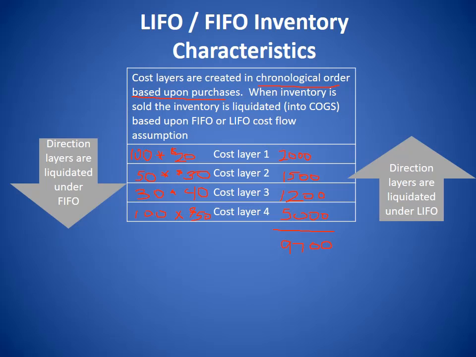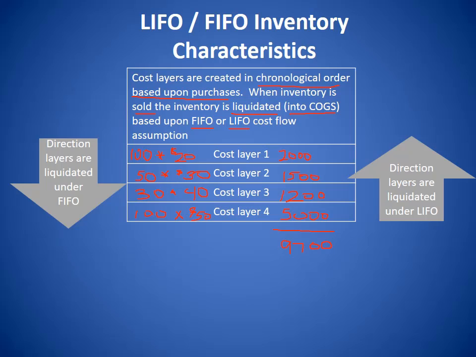So the $2,000 cost layer was the first group of purchases, and $1,500 is the second, and so forth. When inventory is sold, it's liquidated into cost of goods sold based upon a FIFO, first in first out, or LIFO, last in first out, cost flow assumption.